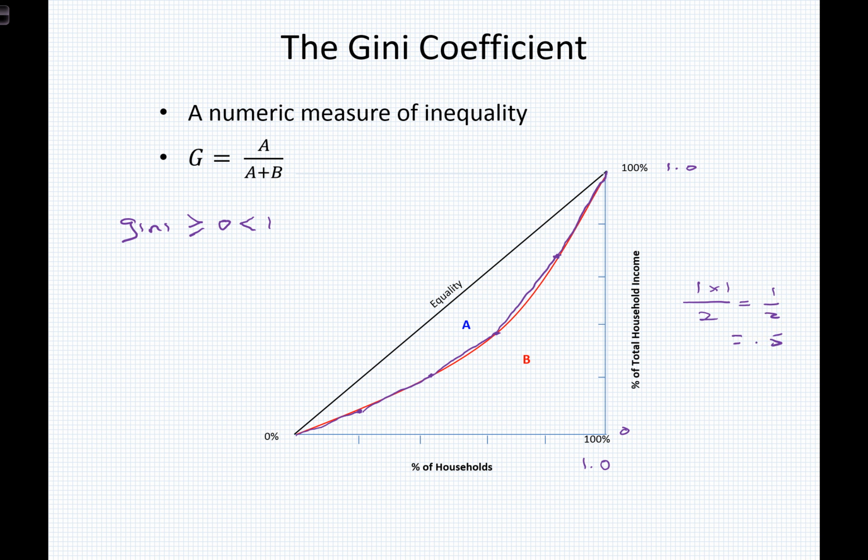So as it turns out, A plus B is a constant, and it equals 0.5 or 1/2, always. In any Lorenz curve Gini coefficient formation, A plus B always equals 0.5. And so we don't even have to calculate our denominator.